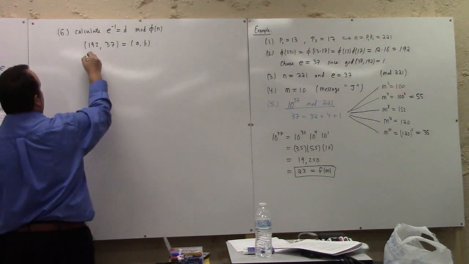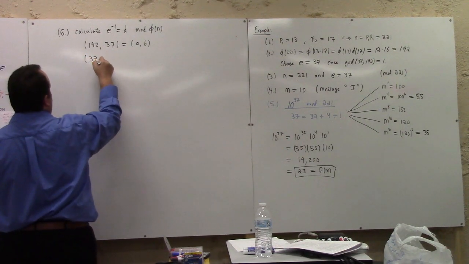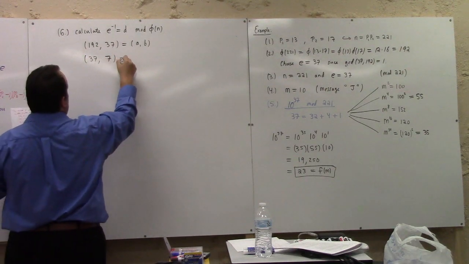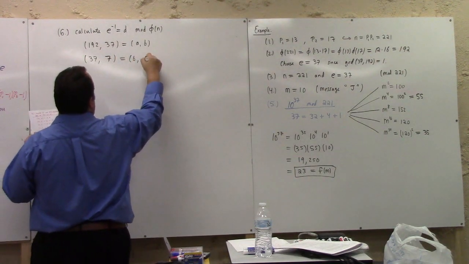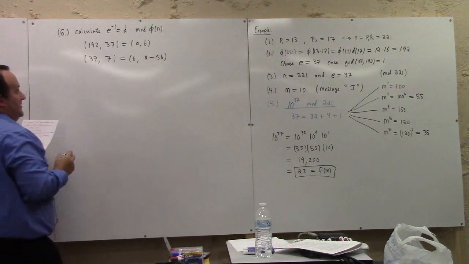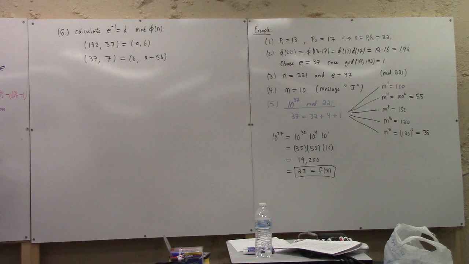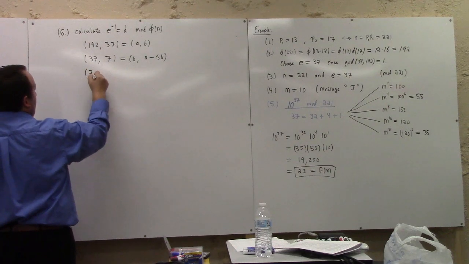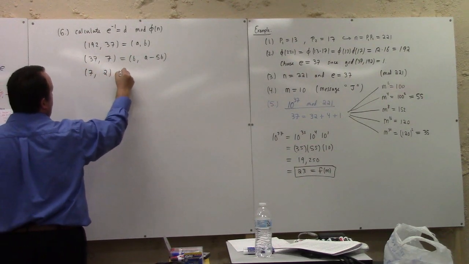So bring the 37 down, and that gives you a remainder of 7. That was A minus 5 times 37, 5 copies of 37 in 192. We bring down to 7. Remainder 2.